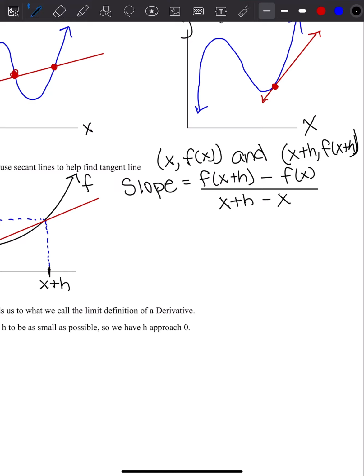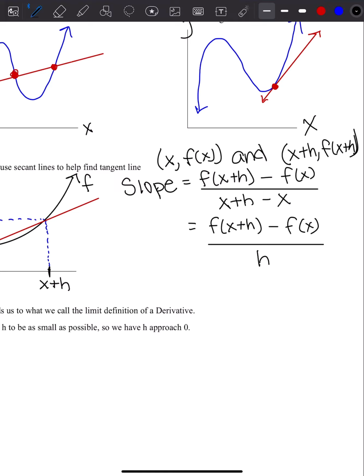minus x. Okay, well, the top of this function, without knowing what it is, there's not a lot that we can do here. f of x plus h is kind of just what it is, and f of x is also just what it is. But in the denominator here, we can simplify what we can. So we have f of x plus h minus f of x, all divided by, we have an x, we're taking it away, so everything goes away, and we have h.